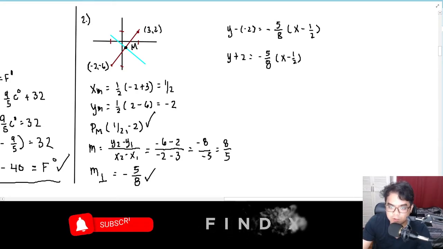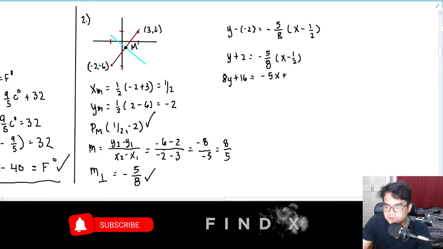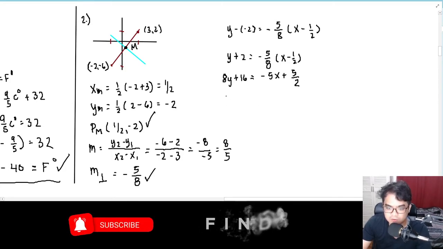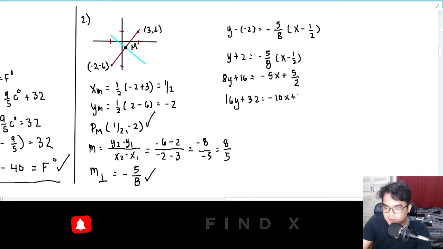How about we cross multiply the 8 and then distribute negative 5? That will become 8y plus 16 equal to negative 5x plus 5 over 2. Let's multiply everything by 2, so that 2 will be cancelled. So this is 16y plus 32 equal to negative 10x plus 5.